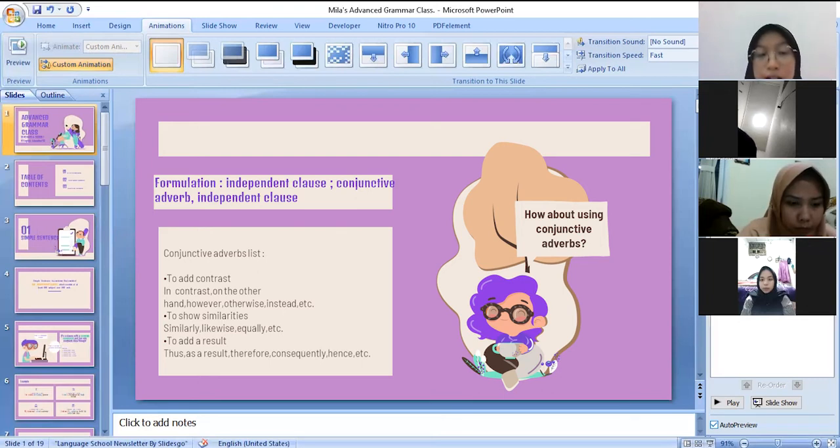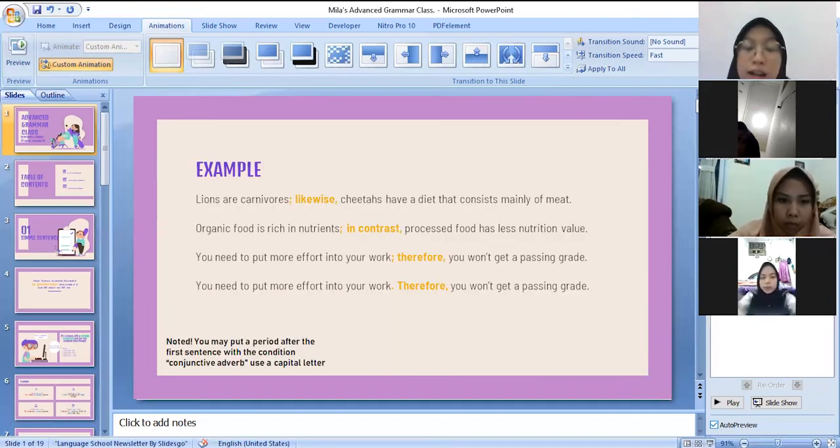Kita bisa pakai thus, as a result, therefore, consequently, hence, and etc. Look at the example. Lions are carnivores, semicolon, likewise, comma, cheetahs have a diet that consists mainly of meat.